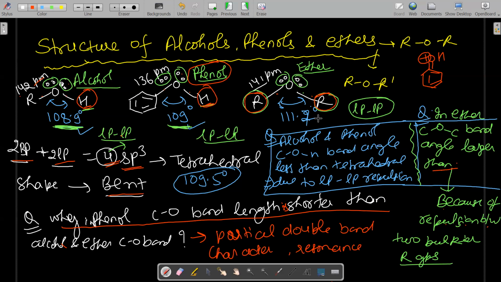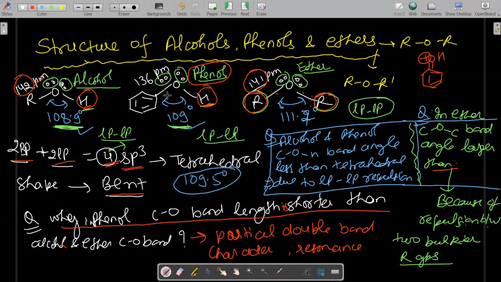Clear? Now the next point of this structure is the bond length. You can see the bond length of R-O, that is the C-O bond length. In alcohol the C-O bond length is 142 picometers. In ether, the C-O bond length is 141 picometers, approximately similar.